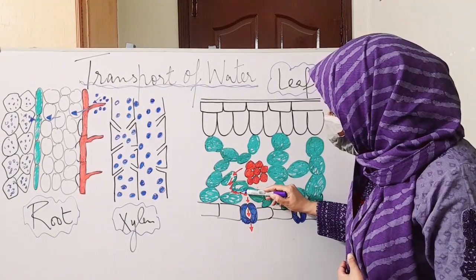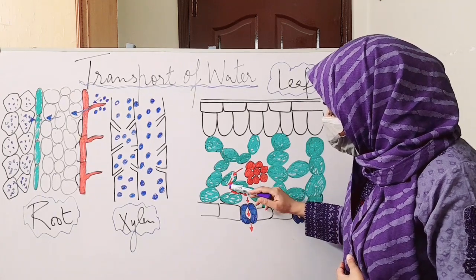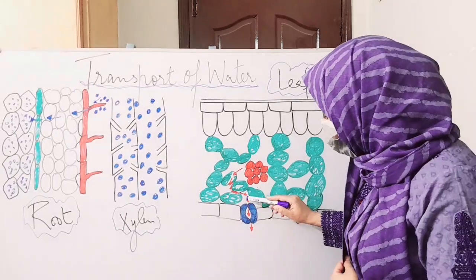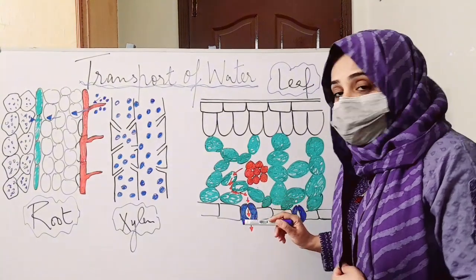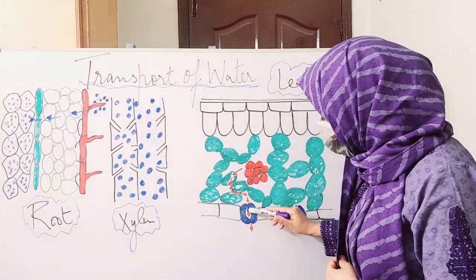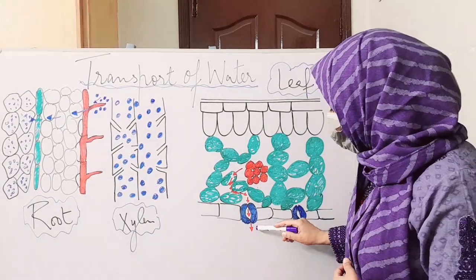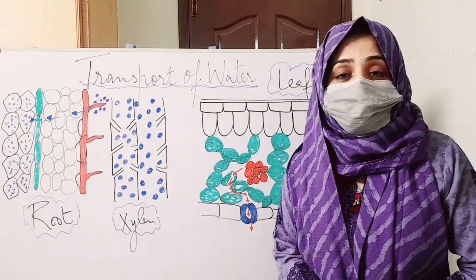The water molecules move along the cell walls of the mesophyll cells, and finally these water molecules enter into the air spaces, and from the air spaces they diffuse out or evaporate in the air through specialized openings that are called stomata. In this way transpiration occurs.